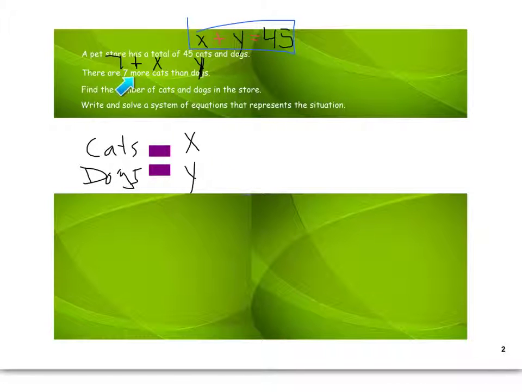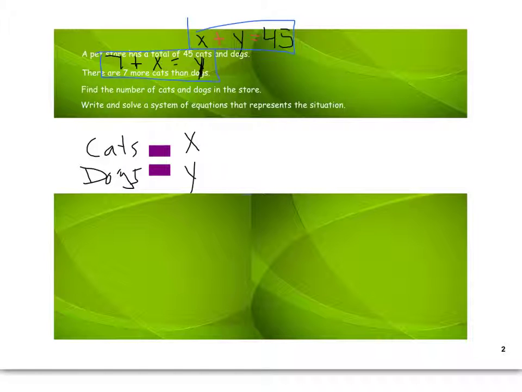So 7 plus the number of cats, 7 more. So this is saying there are 7 more cats than dogs. So dogs, there are 7 less. In other words, 7 plus X equals Y. The number of dogs equals the number of cats plus 7. There's our second equation right there.